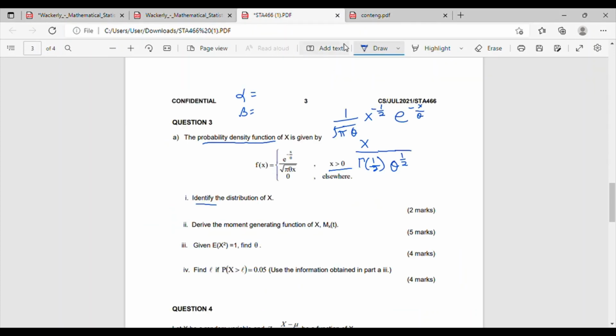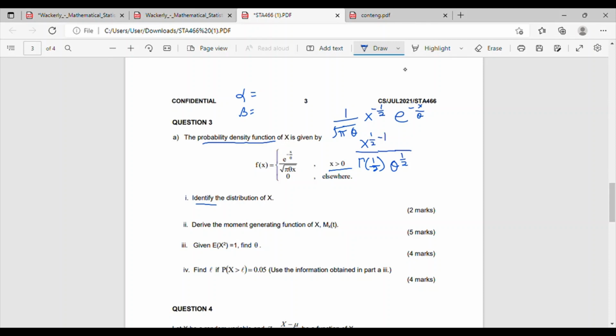So alpha, is it true that alpha is 1? No, alpha is half, right? Kat sini kan gamma alpha kat sini. Kita ada gamma half, so here is half minus 1.